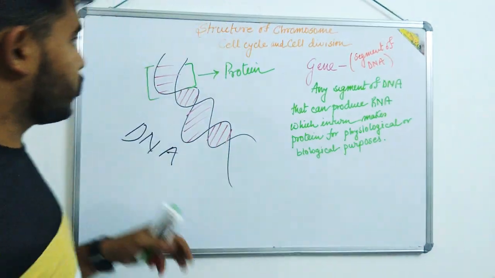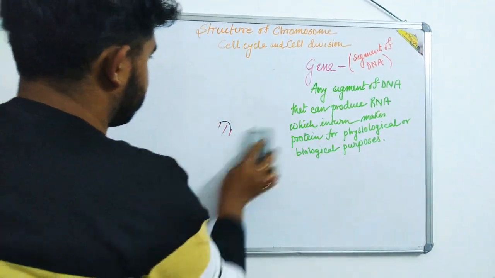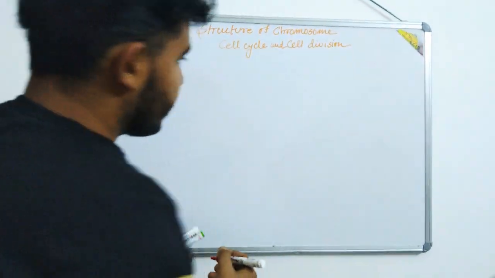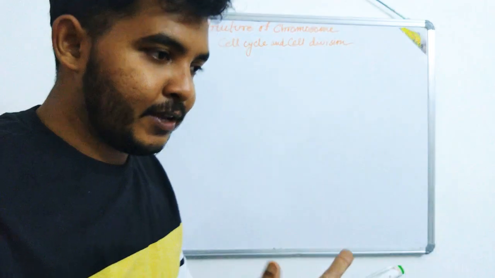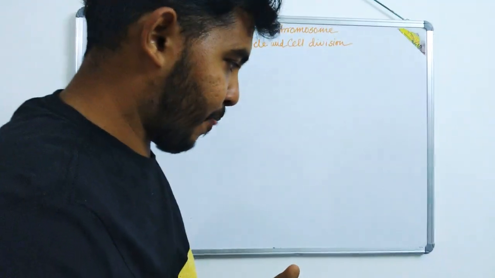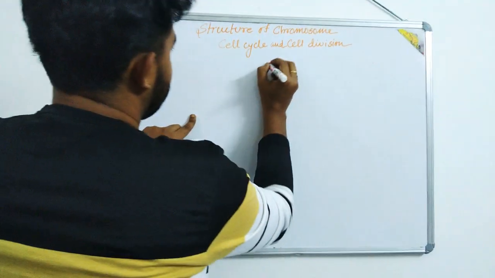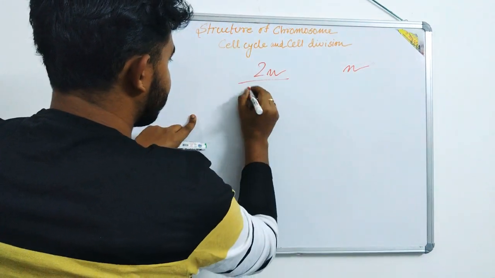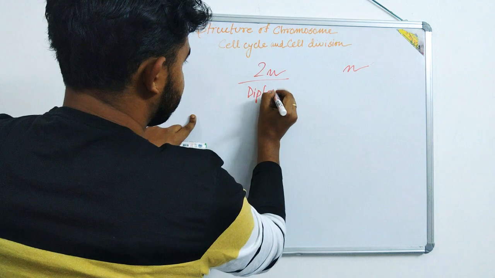So I'll just go to the cell cycle. Very quickly I'll sum that up because the video is getting lengthy, isn't it? So the cell cycle means from one cell, it makes another cell. Okay, 2N and N. What is this? 2N means diploid.